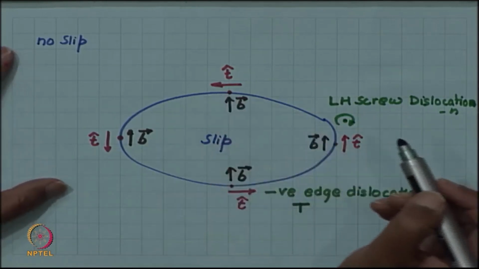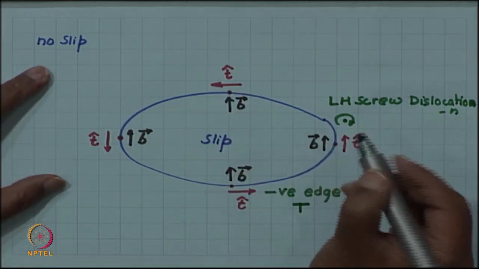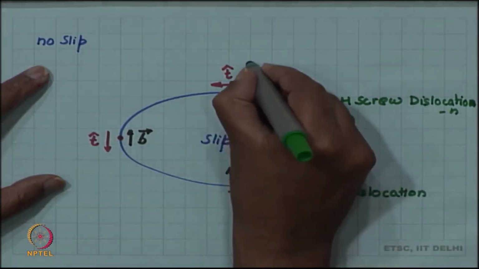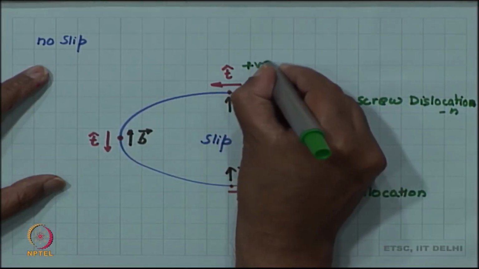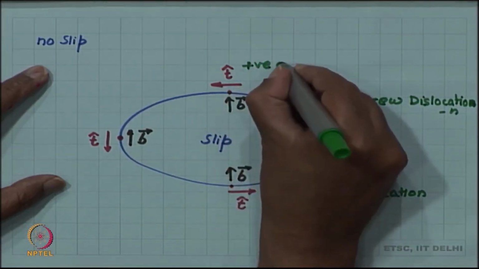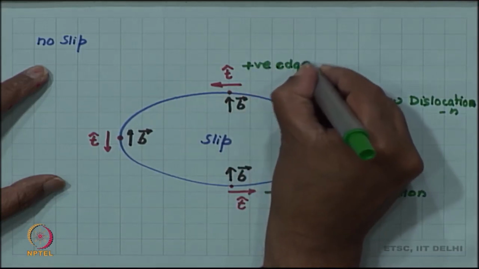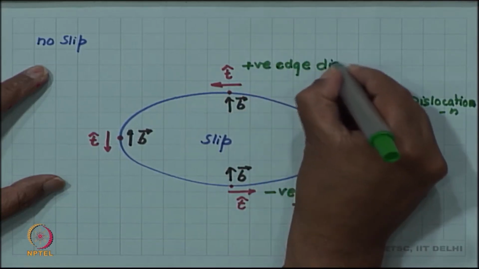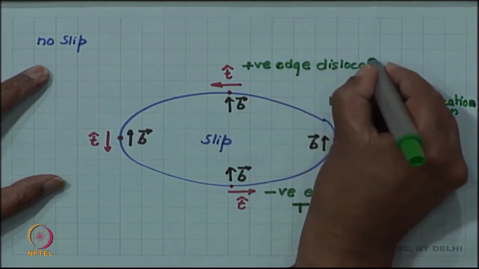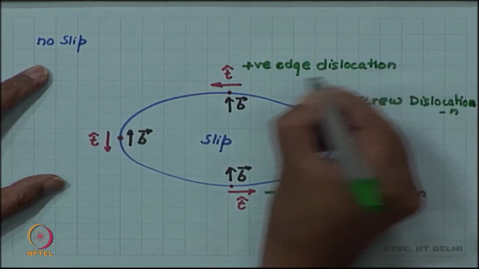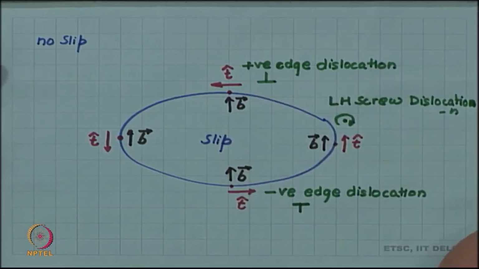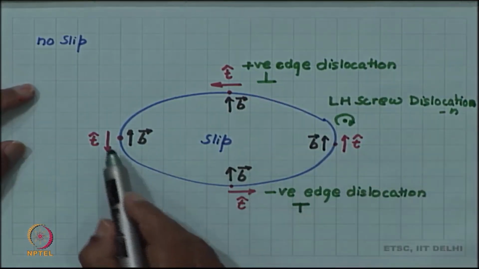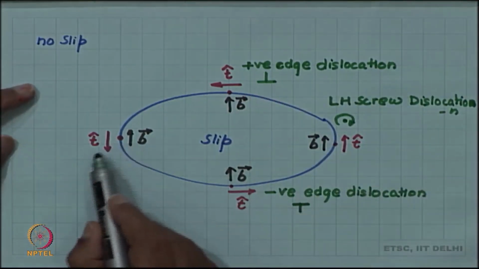Then if we come here, T and B are again perpendicular, but the dislocation changes sign. So, this becomes a positive edge dislocation and we will denote it by an upside down T. And when we come here, T and B now have become anti-parallel.